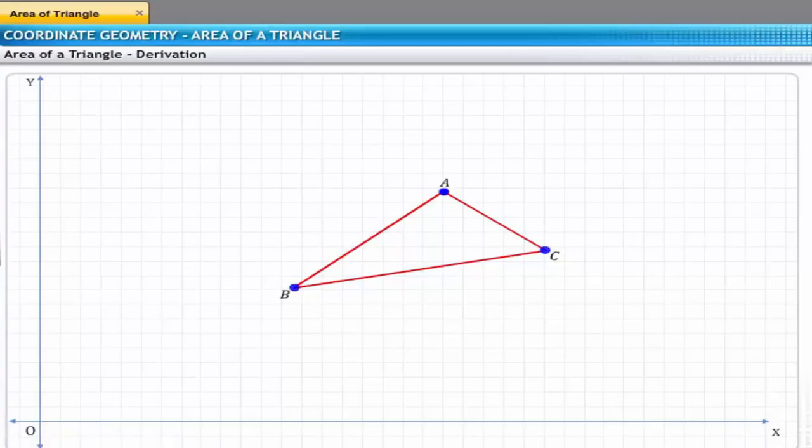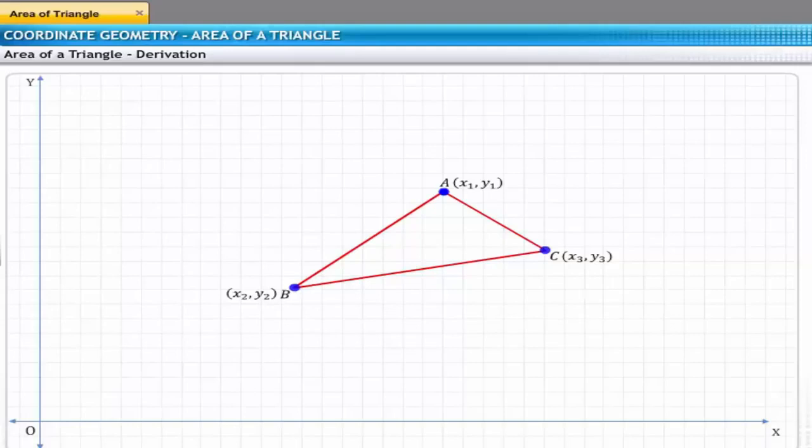The coordinates of point A are x1, y1. Point B are x2, y2. And point C are x3, y3. Let's derive a formula to calculate the area using these coordinates.